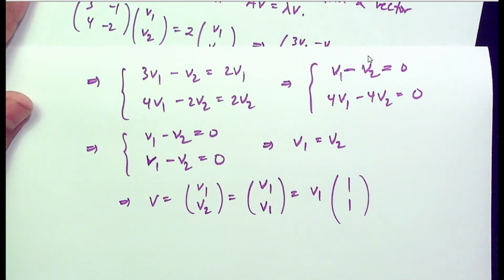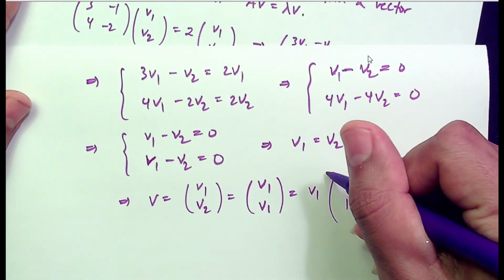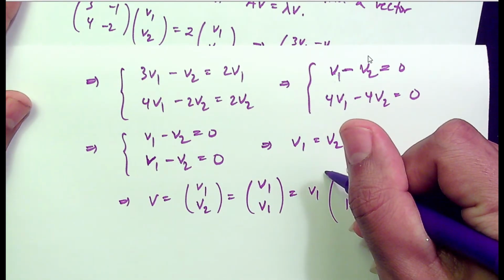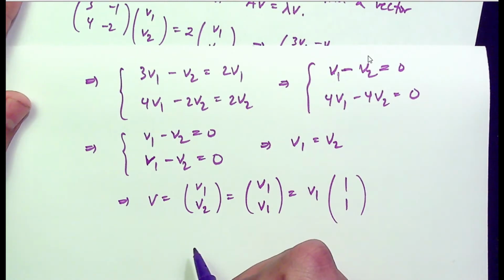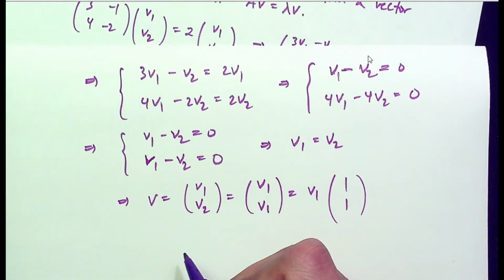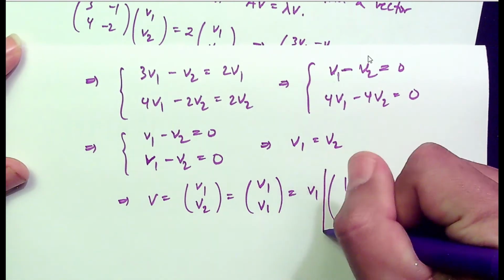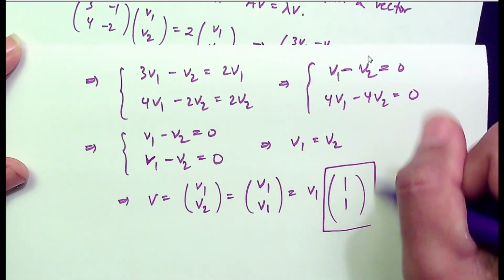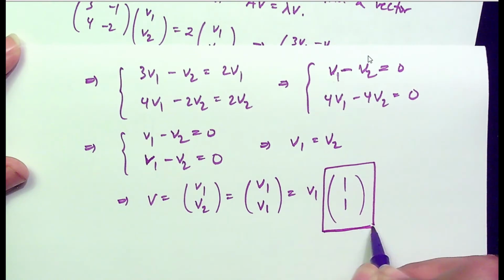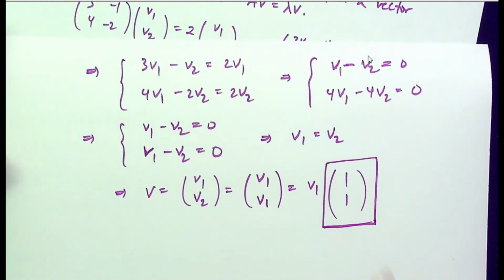And then we choose 1, 1 as the representative of the eigenvectors. So that's going to be our answer. That's the main eigenvector.